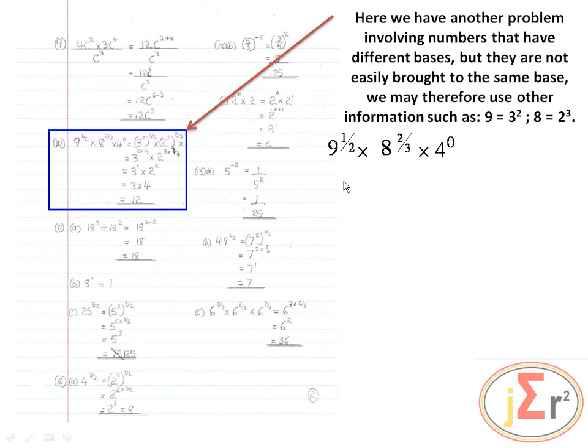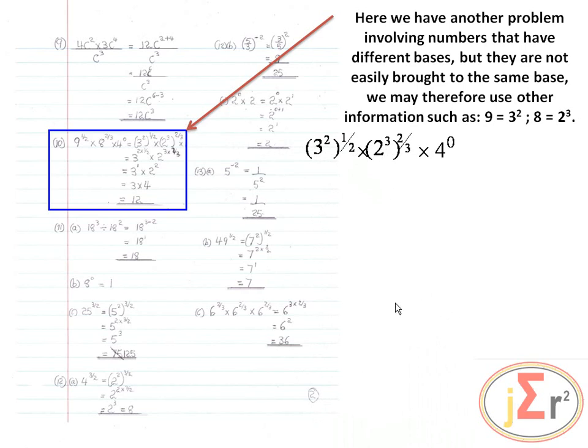And we will take the approach in which we make use of the fact that 9 is equal to 3 squared and 8 is equal to 2 to the power of 3, or 2 cubed. So we replace 9 with 3 squared and we replace 8 with 2 cubed.